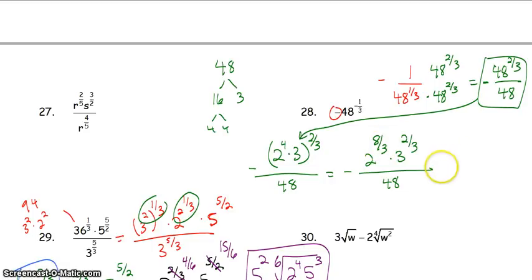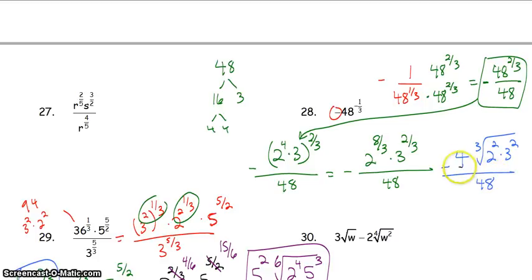So I get negative 4, because 2 times 2 is 4, that's where the 4 comes from. And then I'm left with 2/3 left, so I can say under the third root I have 2 squared times 3 squared, all over 48.